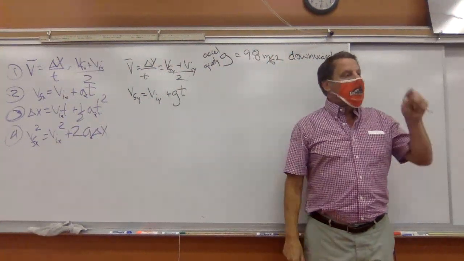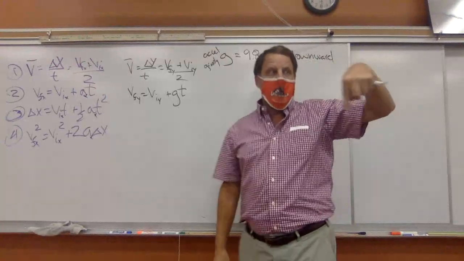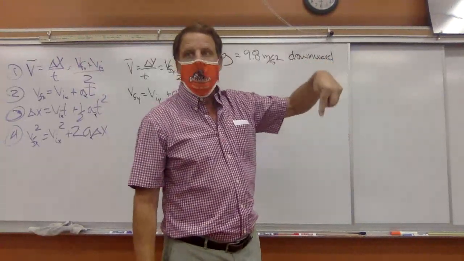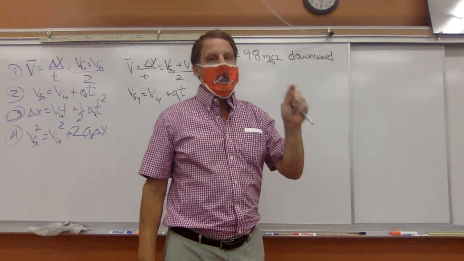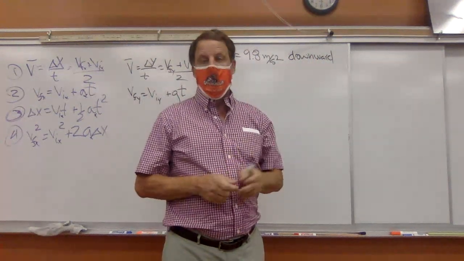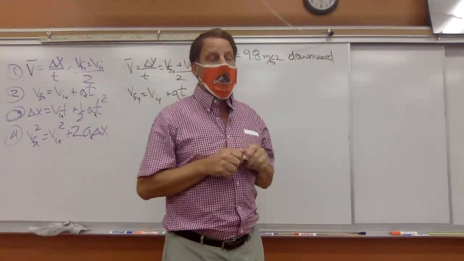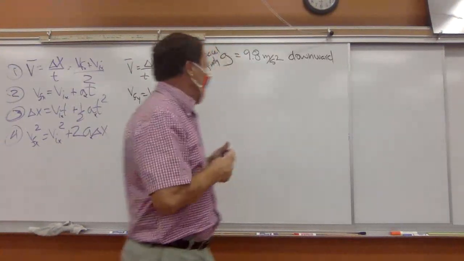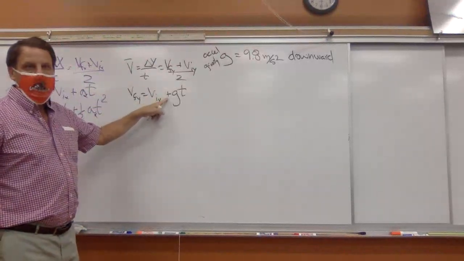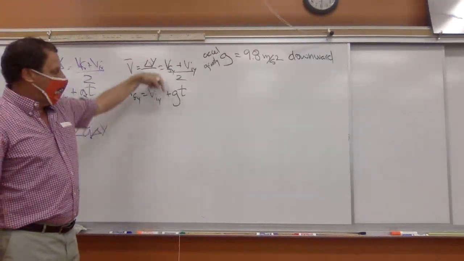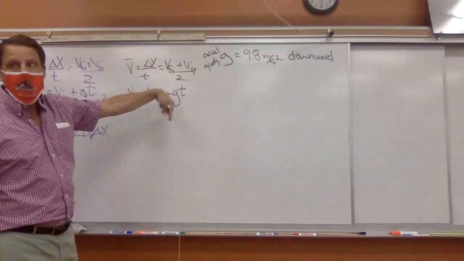But when we're doing problems, you can say down is positive, or you can say up is positive. So you do most certainly need to pay attention to which direction you are describing as positive or negative. Even though here I have it as plus gt, I'm assuming that if I leave it as plus, down is positive.